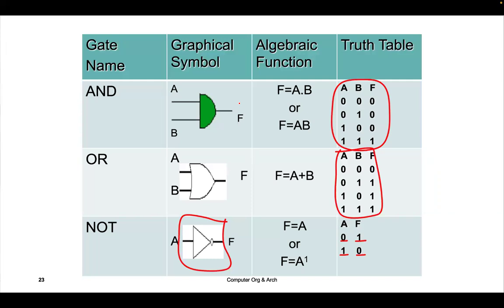I'm asking on the AND gate, the first one, and the OR gate. I'm not on the NOT gate. I'm seeing there F, you also included it on the truth table. Isn't it the final answer?